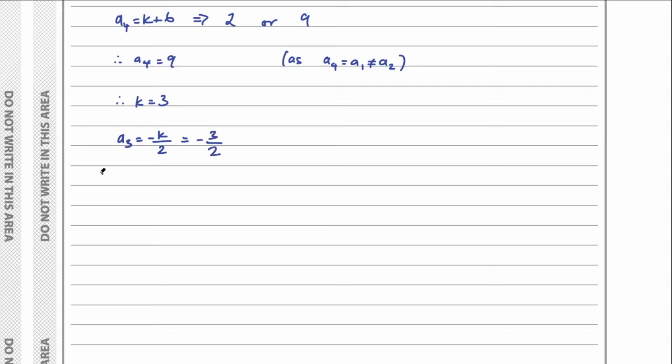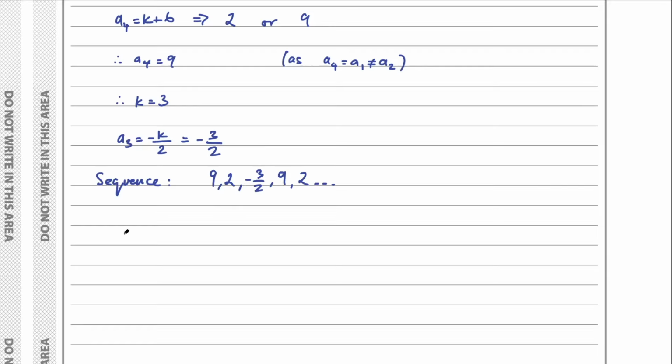So now we know what the sequence looks like. It will be starting at 9. Remember, a1 equal to a4 is 9. Then our next term, a2, was 2. Our next term, a3, is negative 3 on 2. And then it starts again at 9, and then 2, etc. Okay, so we have this sequence of 3 terms repeating.